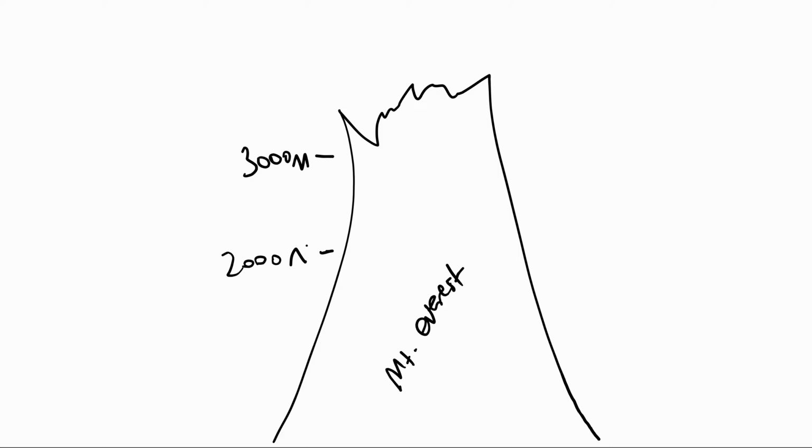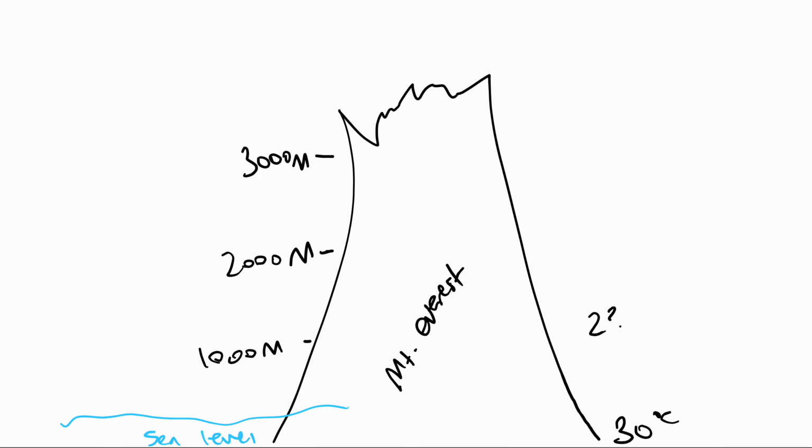Here we are, 2,000 meters above sea level. Here we are, 1,000 meters above sea level. And we can have our sea level right over here. This is the zero point above sea level. At sea level, it might be 30 degrees Celsius. As you go up, maybe 23 degrees Celsius. Go even higher, 17 degrees Celsius. Third, maybe 10 degrees Celsius.